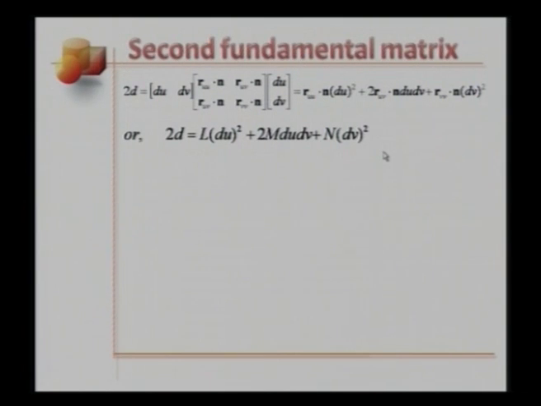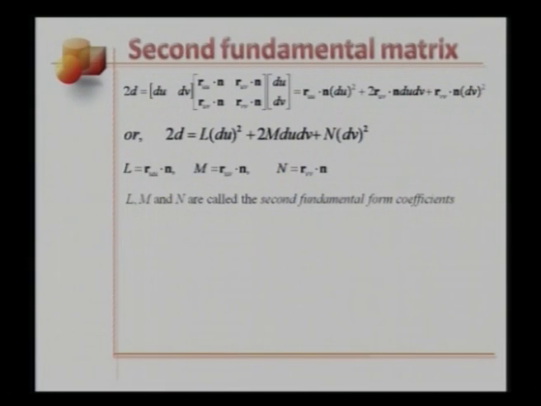Let's give some names to these dot products. So r uu dotted with n, let's say it's L. r uv dotted with n is M, and r vv dotted with n is N. L, M, and N can be called the second fundamental form coefficients.